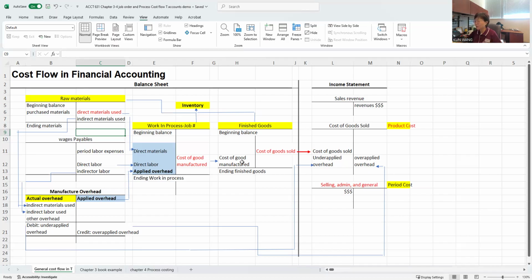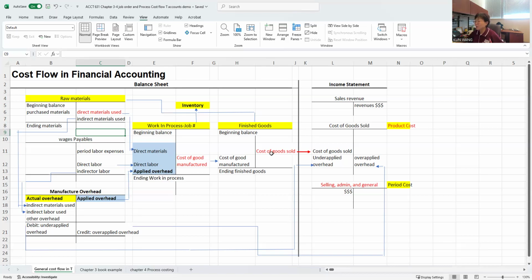Now adding the newly finished products, then minus the products sold to customers in the current period. Or you can use the beginning plus the cost of goods manufactured, which equals all the goods available for sale, minus the ending unsold, and you can get the cost of goods sold.